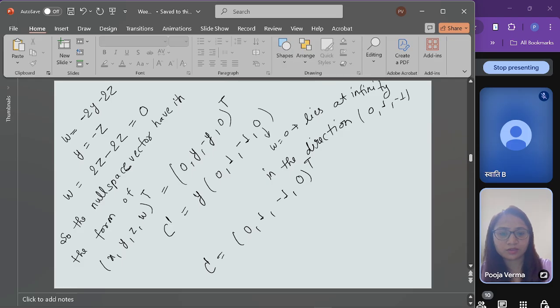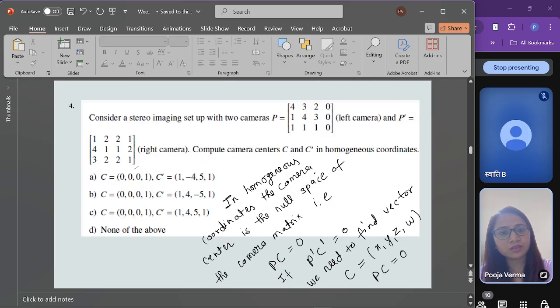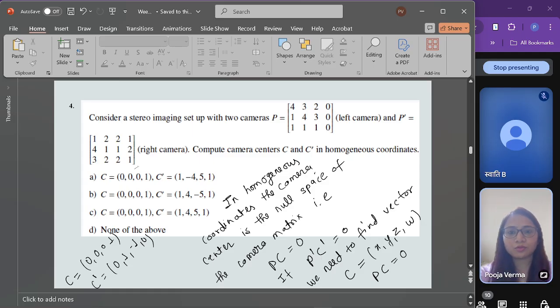So let's check with the options. C already we know, we have got 0, 0, 0, 1, right? And C dash what we have got is 0, 1, minus 1, 0. So if you check it, none of the options are matching. Only C, the camera center for the left camera, is matching, not C dash.